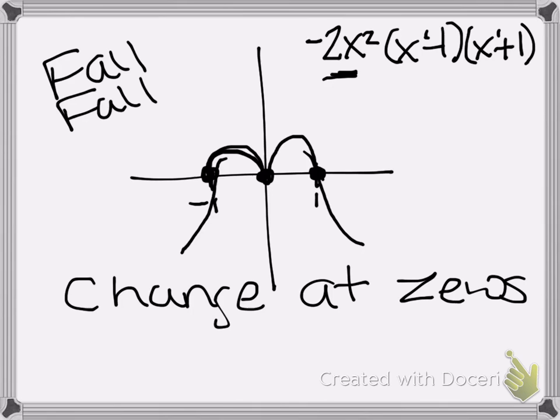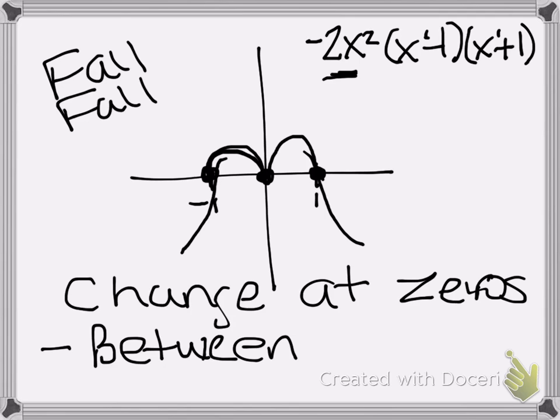Okay? In other words, it's not going to be going from positive to negative unless it's at a zero. Okay? Between zeros, it has to be entirely positive or entirely negative.